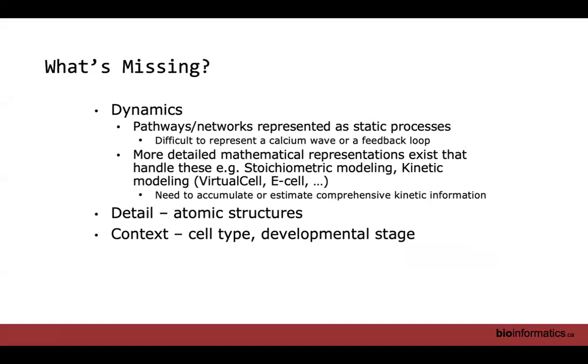There's no mathematical representation, no stoichiometric modeling or kinetic modeling. That is actually a different layer, an additional wealth of information that we would have to add to this type of network.